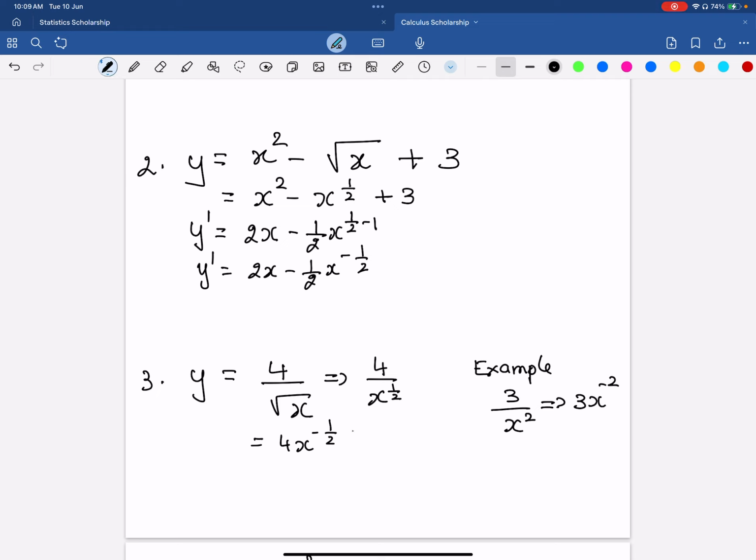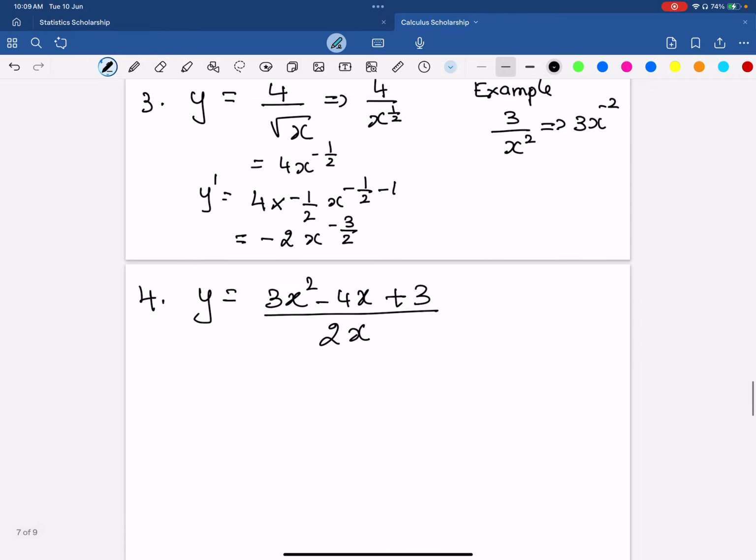Okay, so now I have what I have to differentiate here. So now y dash is equal to, now you know the method, 4 times negative half, and then we're decreasing the power by 1. At this stage, guys, if you are struggling, please use the calculator. That will give you negative 2x to the power of negative 3 over 2. Again, if you're struggling with simplifying fractions, please use a calculator.